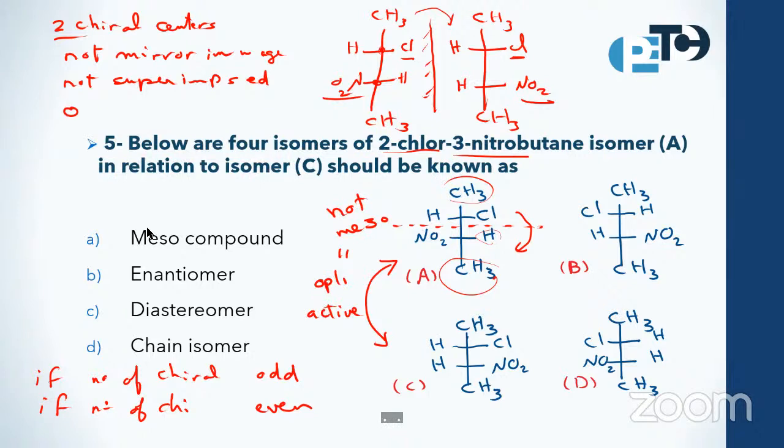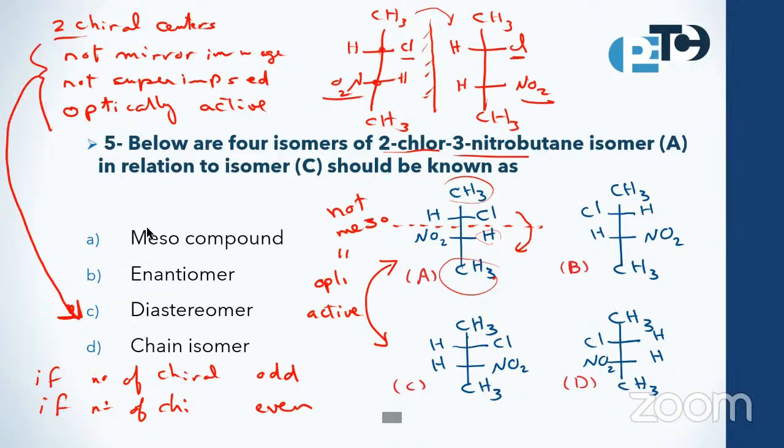Optically active. What does this mean? We have 4 characters here: 2 chiral centers, not mirror image to each other, not superimposed, and optically active. Directly, they are diastereomers.